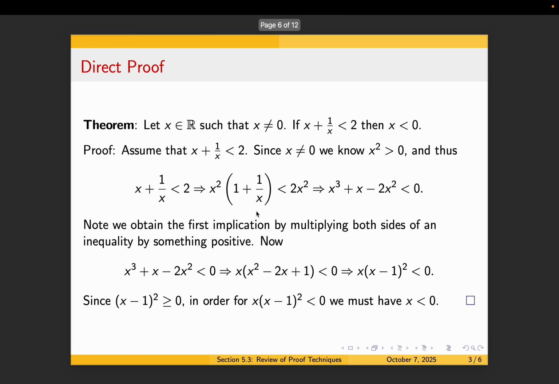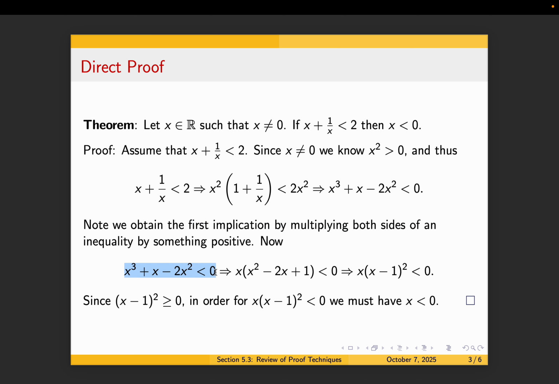So let's see that. It's also worth noting that you should always in your proofs mark this somewhere. If you're going to multiply an inequality by something and keep the inequality symbol going the same way, you need to mark down where you've done that and justify that. So I did it here and here for emphasis.